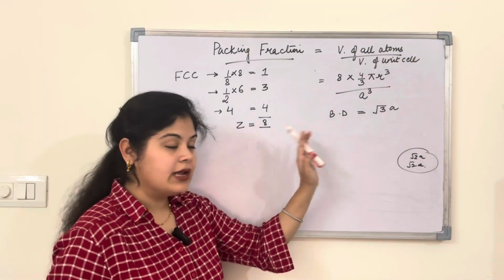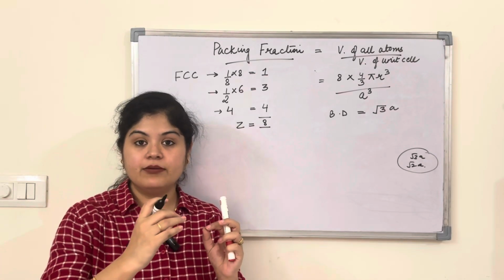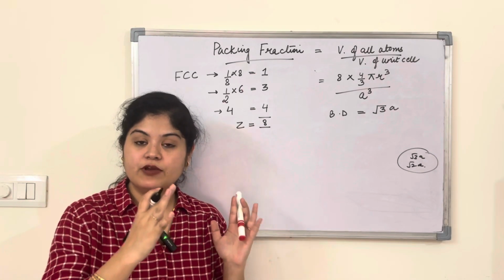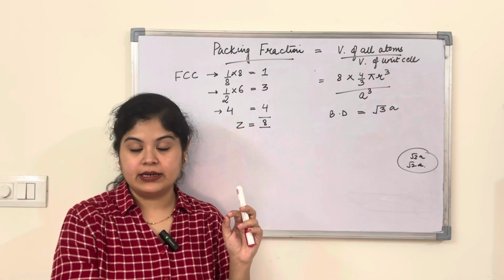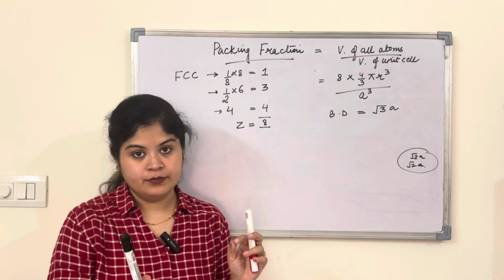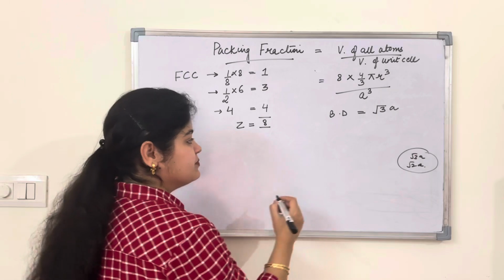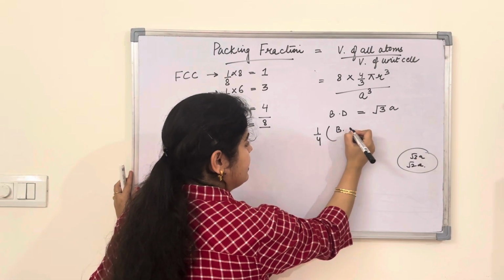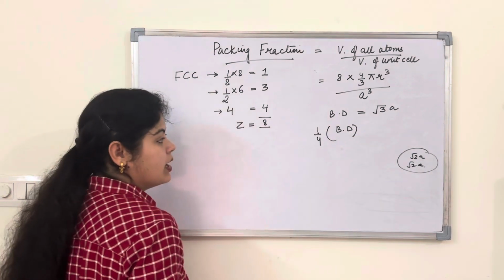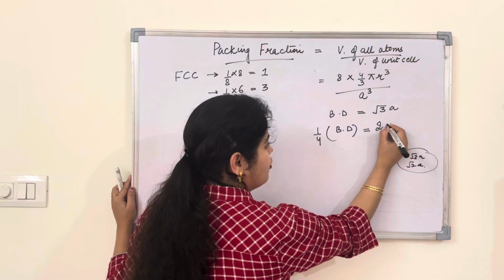Now in diamond structure, we know that at 1/4 position of the body diagonal we have one atom. So the tetrahedral atom is basically at 1/4 of the body diagonal position, and this is equal to twice of r.